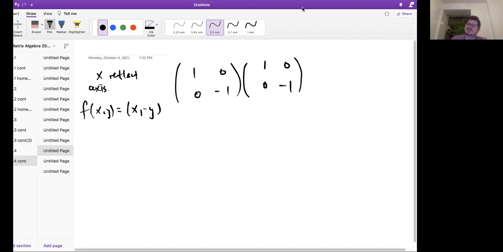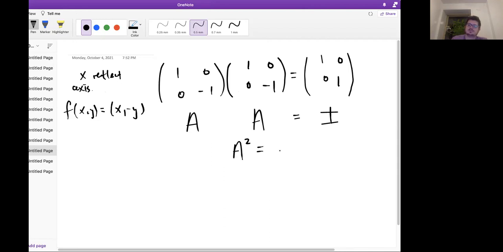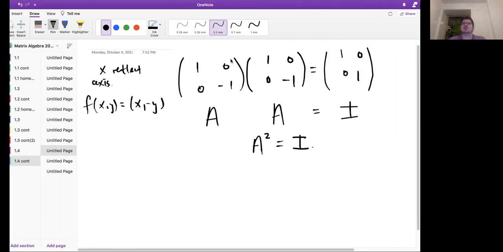So that's an interesting thing that we don't see in normal numbers, right? So a squared is equal to 1. That's funny. If you have a number squared is equal to 1, what does that mean in real numbers?